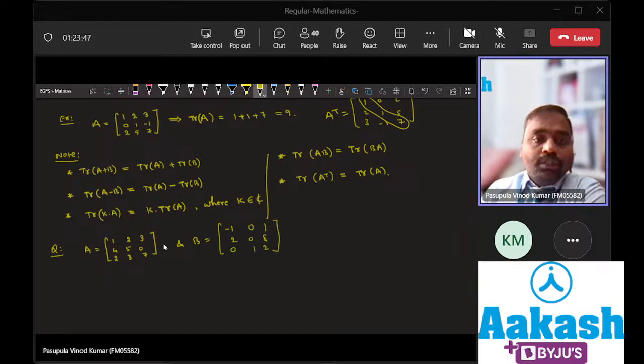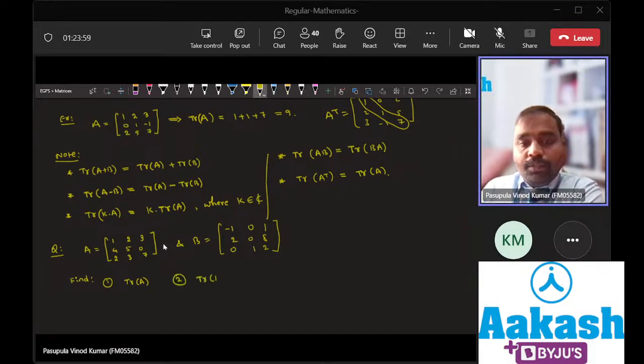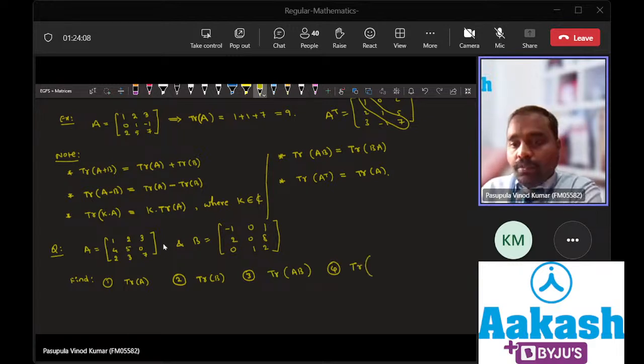Then find all these things once. First one, trace of A. Second one, trace of B. Third one, trace of AB. Fourth one, trace of (AB) whole transpose.